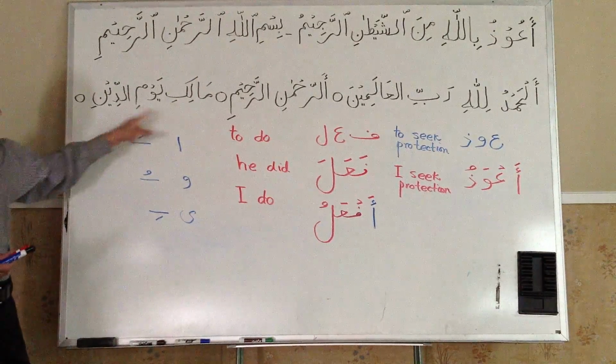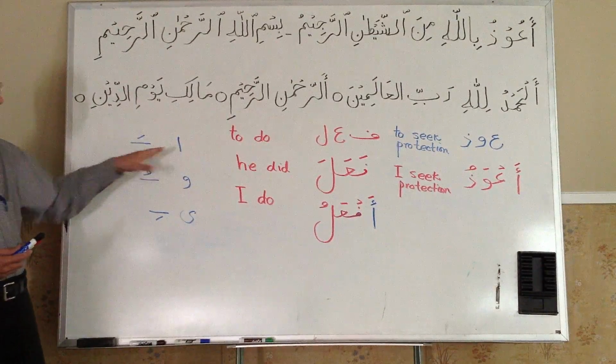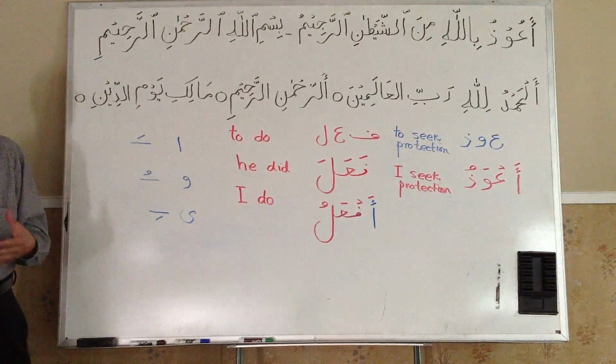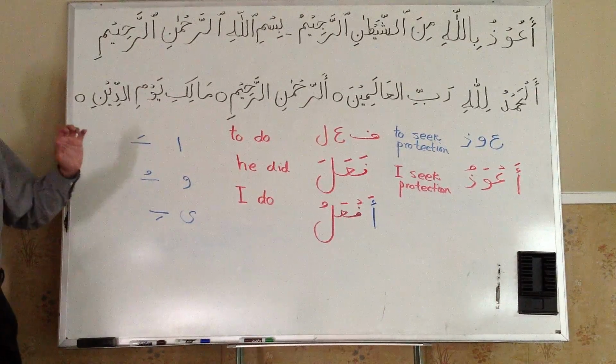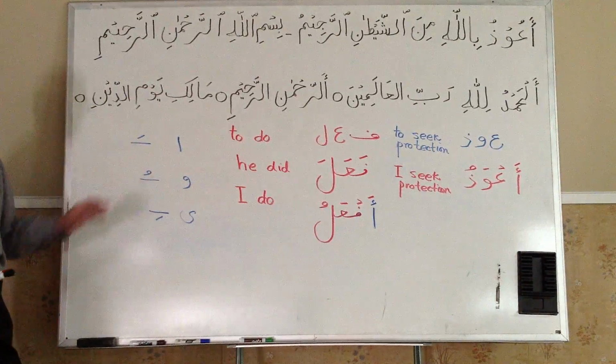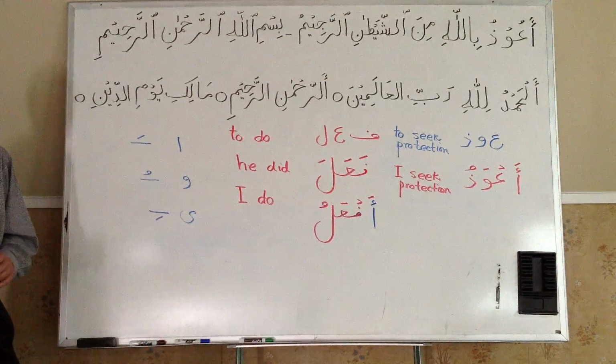So this is the combination. Which means whenever you want to pronounce alif, it has to go with a fatah, a. Waw has to go with dhamma, u. And ya has to go with kasra, yi.